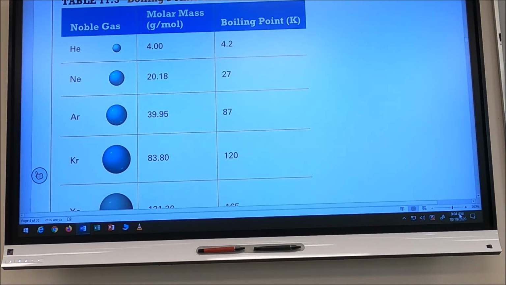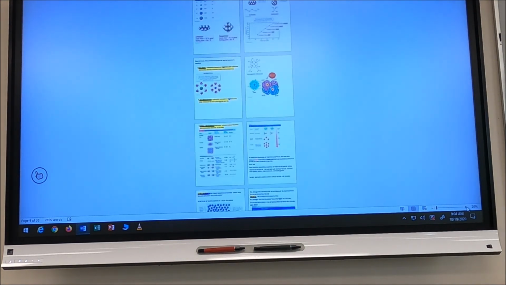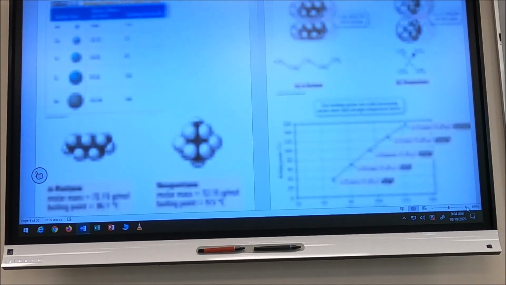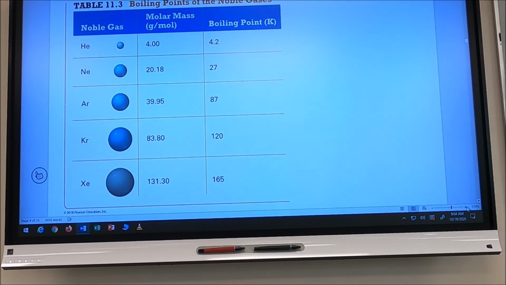Now, to kind of reinforce things, let's look at helium, neon, argon, krypton, xenon. All of these are noble gases. They start out as nice spherical atoms when it comes to their electron clouds.